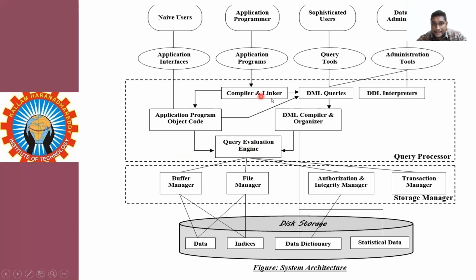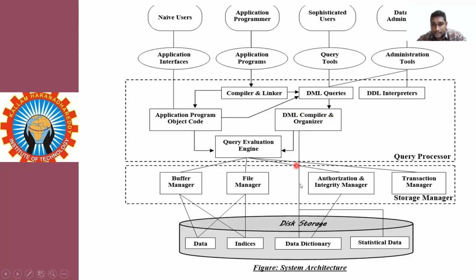The parser and interpreter's task is to check the syntax and semantics of the query language. After checking the syntax and semantics in SQL, it transfers that expression to the query optimizer.